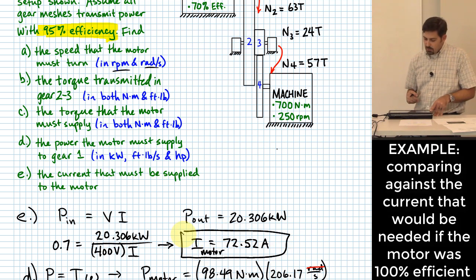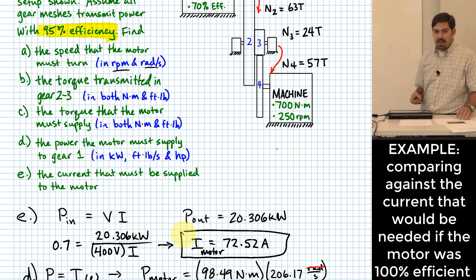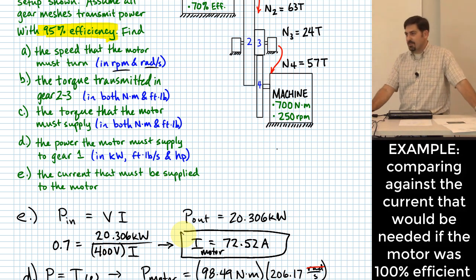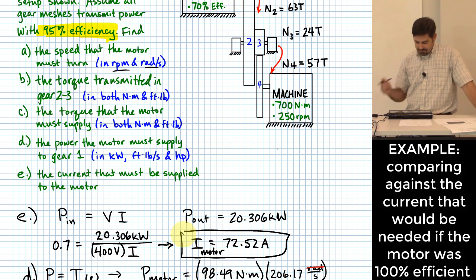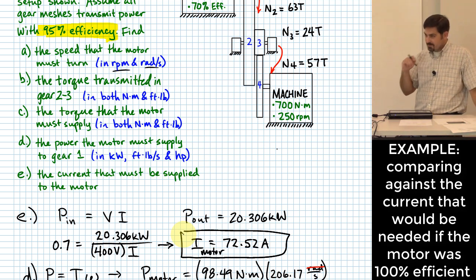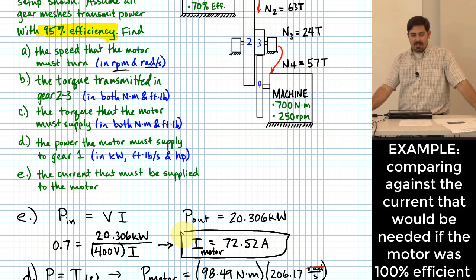Now, what would it have been if we didn't have to deal with the 70% efficiency of that motor? What if that motor somehow was 100% efficient? He says it would be about 50 amps or so if it was 100% efficient.